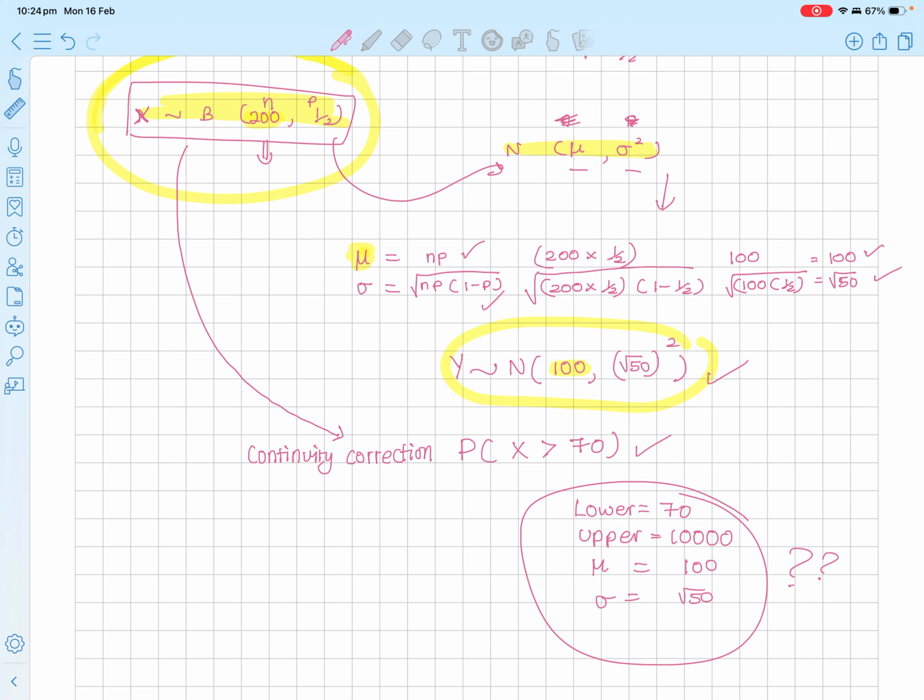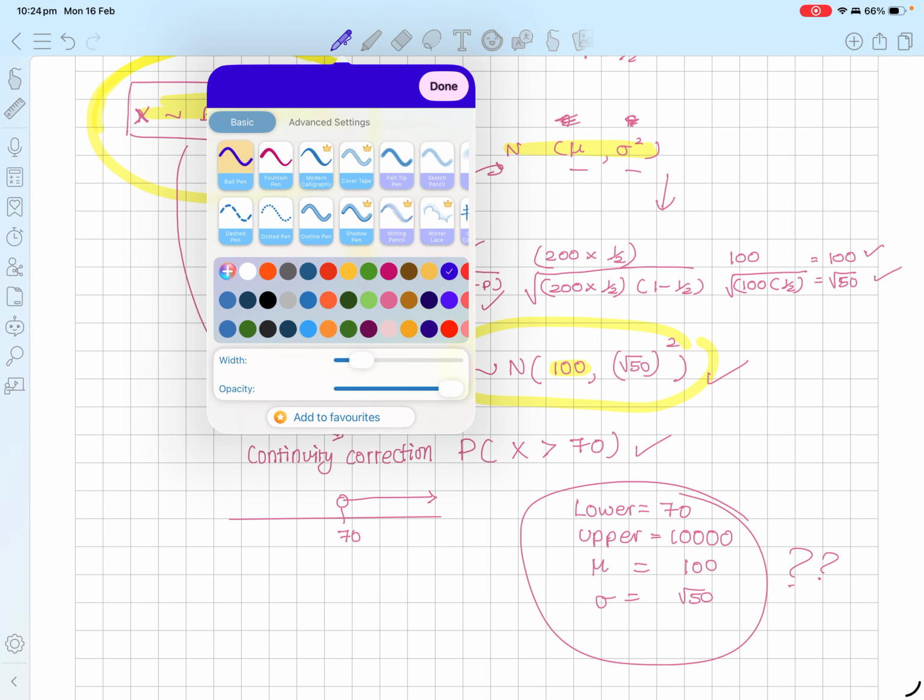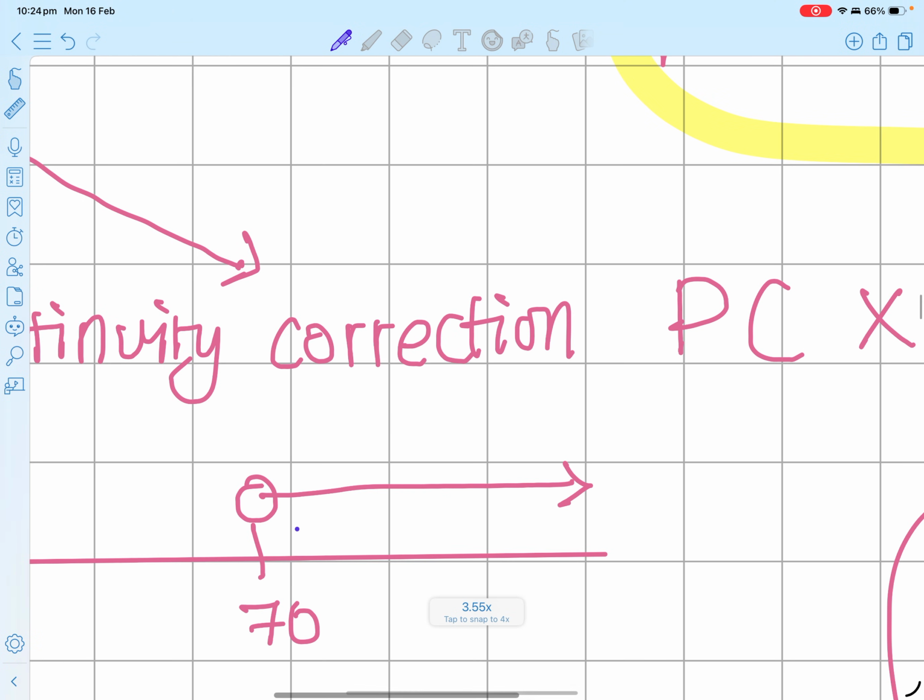Continuity correction, you just draw a number line. Question was greater than 70. If they say greater than 70, I know that I'm passing. So greater than 70 means 70 is not included. I'm going to start from the next number. In a binomial distribution, I'll start from the next number, 71 onwards.